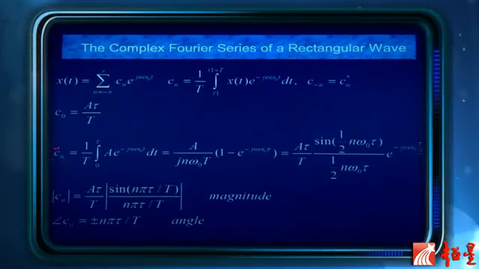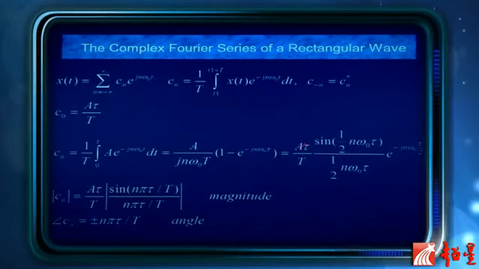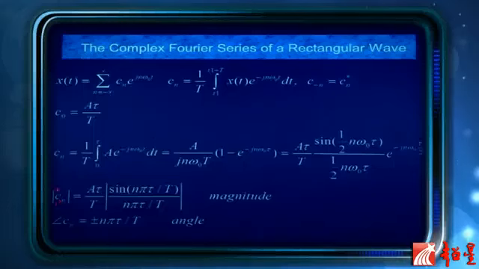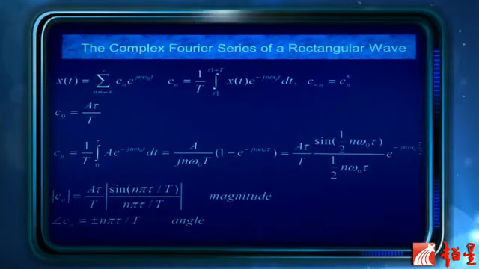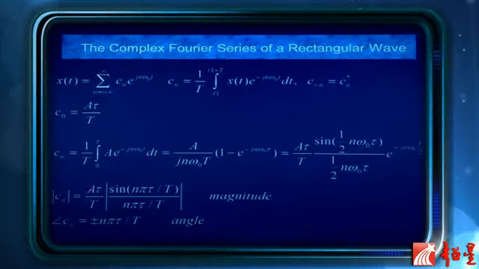Okay, and then you can represent C sub n, the coefficient, with this complex number, with this amplitude here and the phase there. So if you just take the amplitude of this C sub n, okay, then you can represent this coefficient with a DC component multiplied by this function.